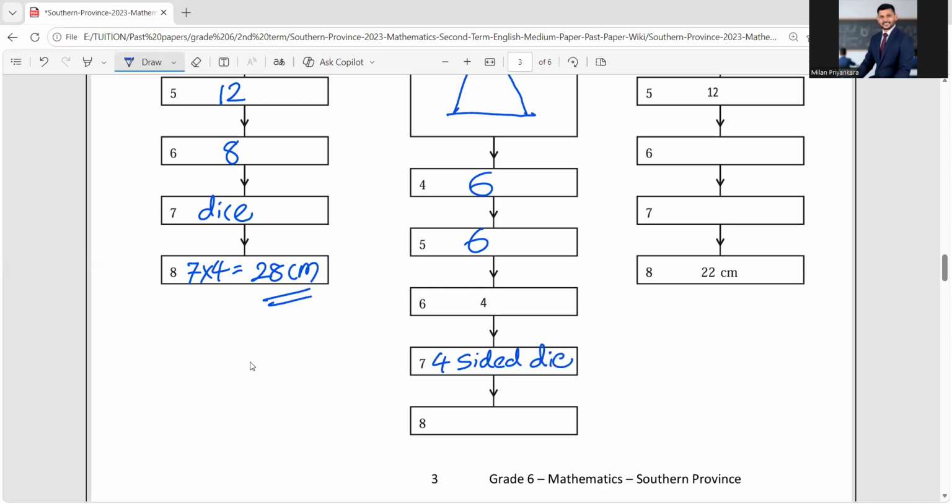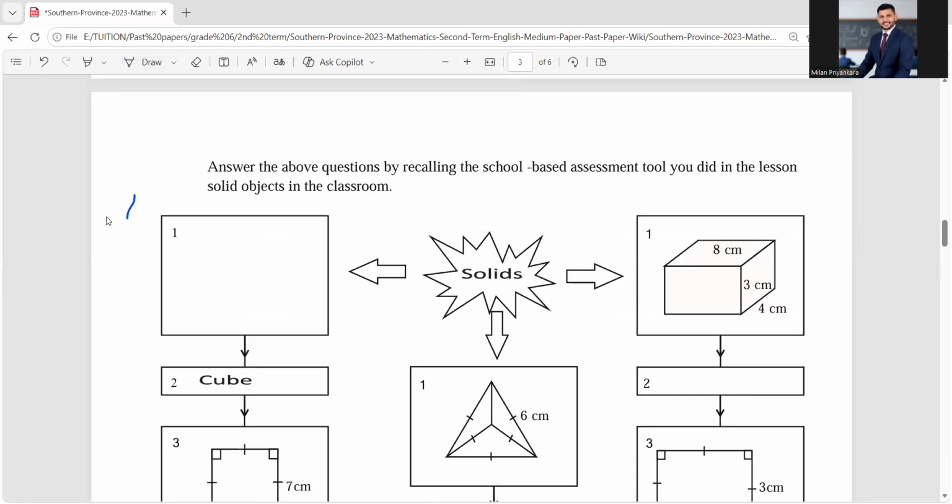That means something like this. Let's say you have the numbers on this. So you have 1, 2, 3, 4. There will be only 4 sides on this. So a four-sided die you can take as a practical example for this regular tetrahedron.